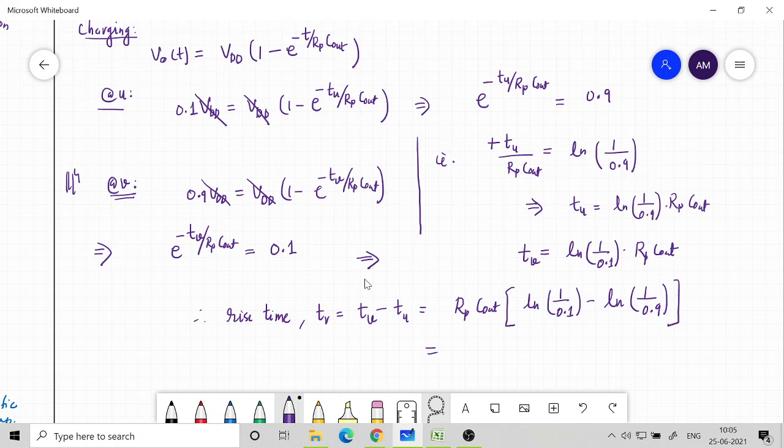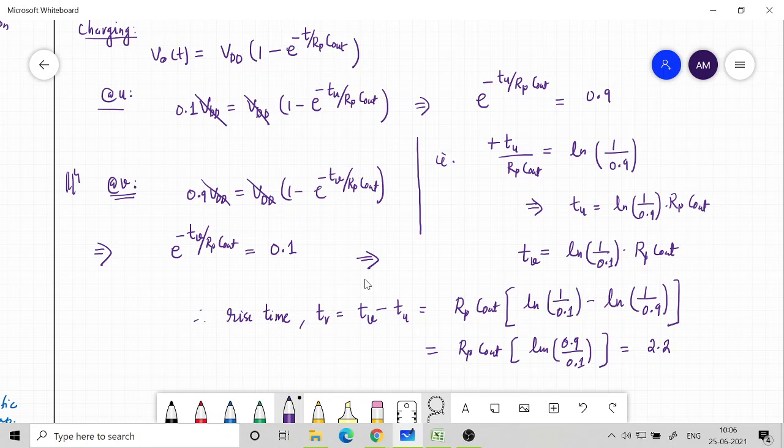This is of the A minus B form, so you can write it as log of A by B, where A is 1 by 0.1 and B is 1 by 0.9. If you multiply with the conjugate, you will have 0.9 divided by 0.1. So that is the natural logarithm of 9, which comes as 2.2.